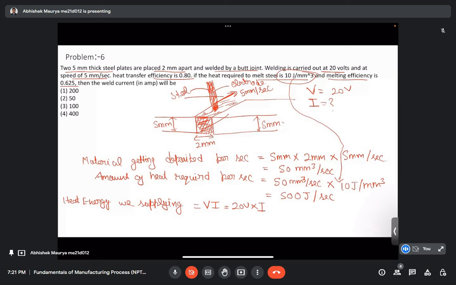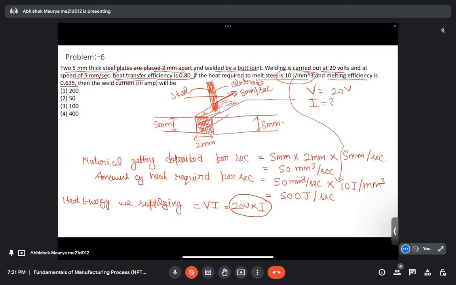Now what else are we given? We are given the heat transfer efficiency. Ideally we are providing this much energy, but this whole energy will not reach the workpiece. Some losses will be there, and that is given by the heat transfer efficiency.